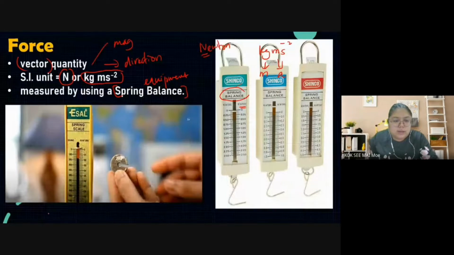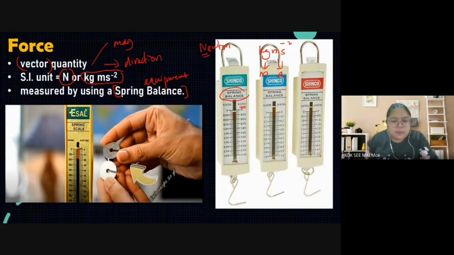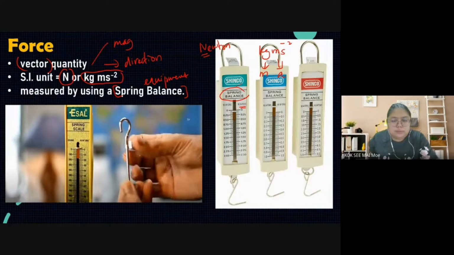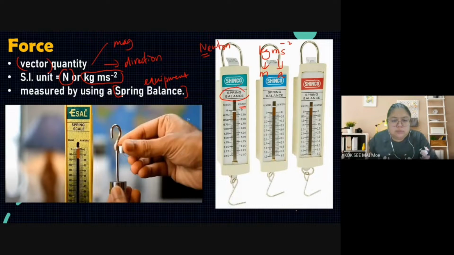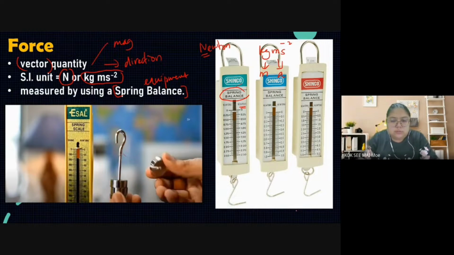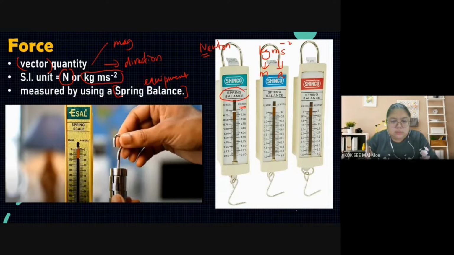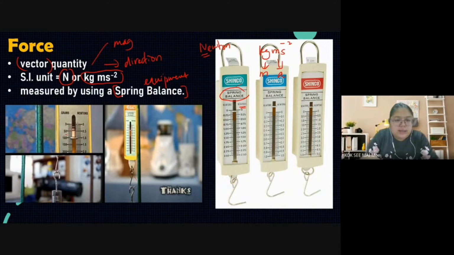They are using a slotted weight. They hang the slotted weight at the bottom, so you can see it shows the reading already. Here it shows grams. Here is 1 Newton.